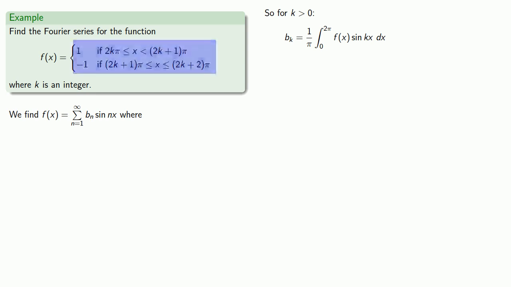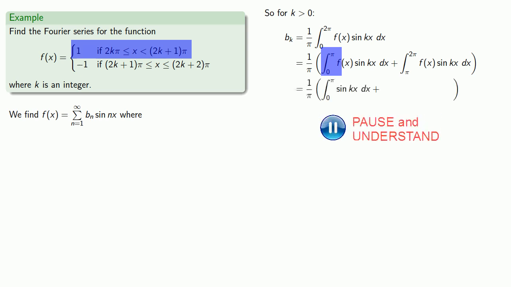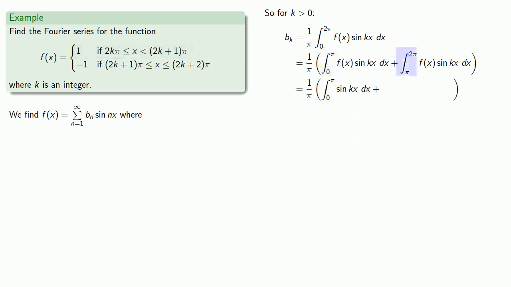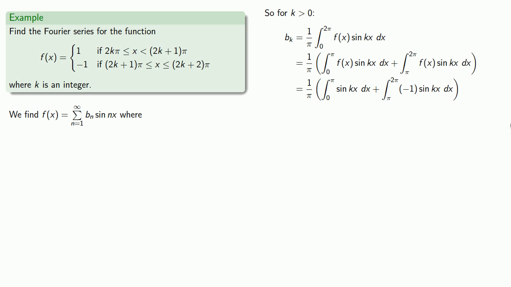And so we split this integral into the part between 0 and pi, and the part between pi and 2 pi. Between 0 and pi, the function value is 1. Between pi and 2 pi, our function value is minus 1. So we'll evaluate each of these integrals.